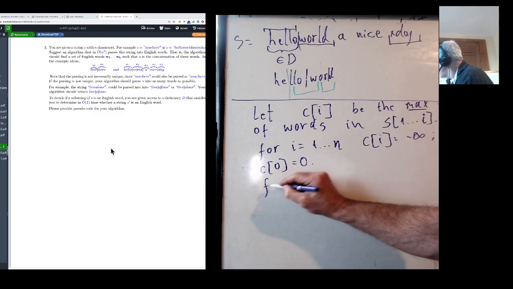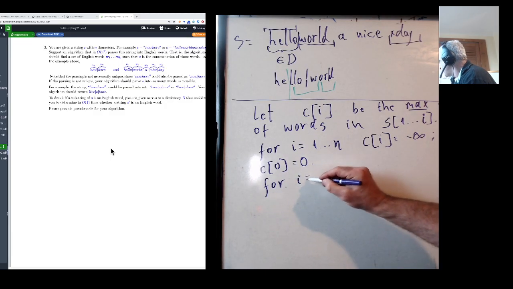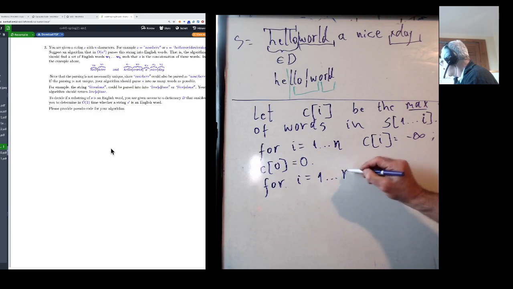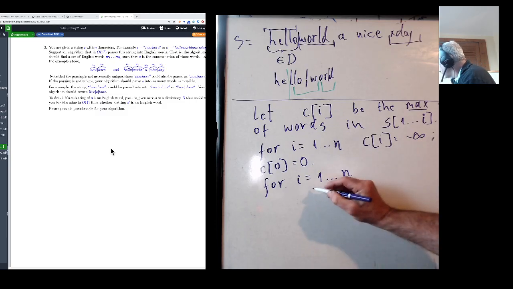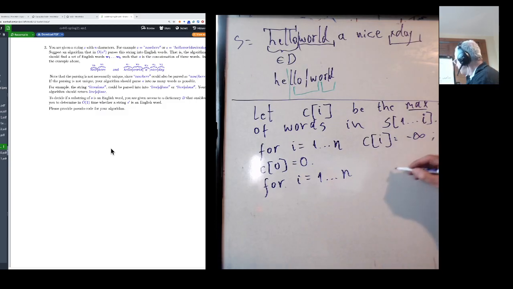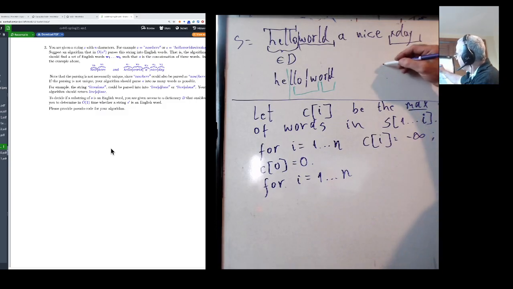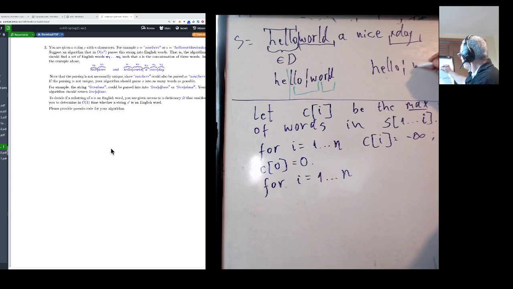And now for I goes from 1 dot dot dot to n, and every time that I'm looking at Si, say the hello world, I will use j to tell me where I suspect is the first character of the word that I'm now parsing.